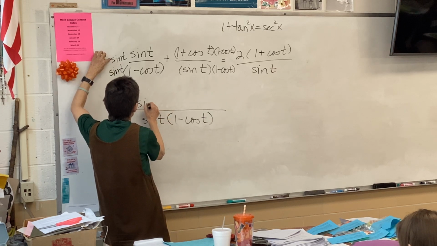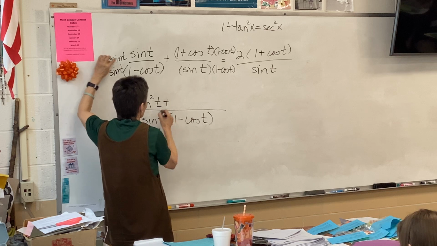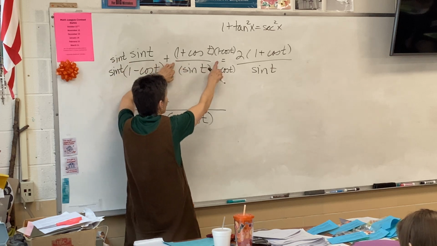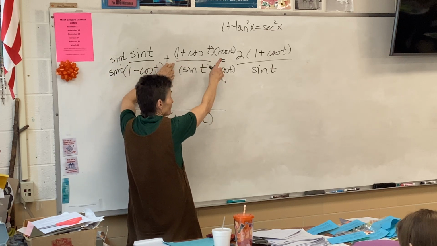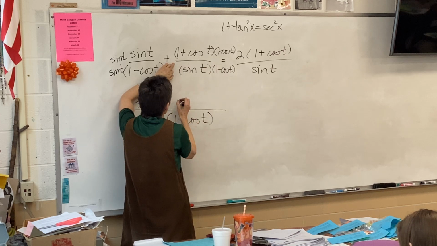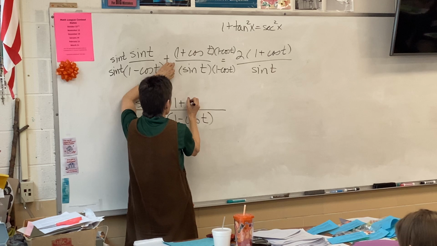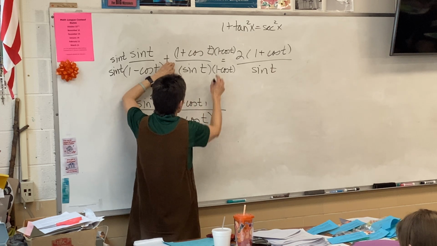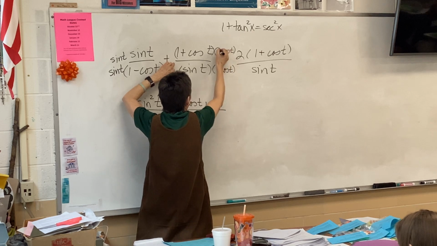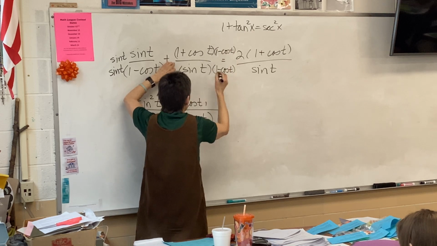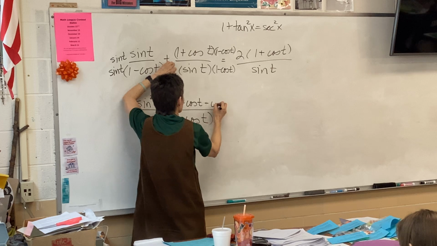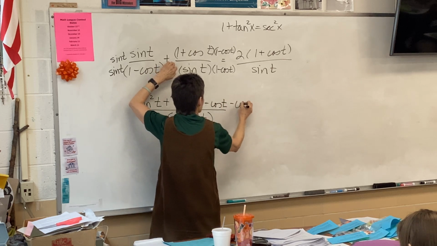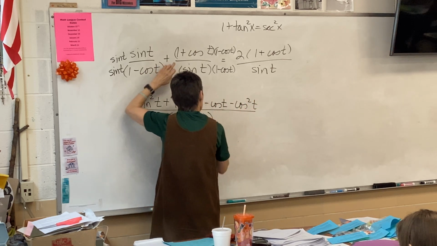All right, so what have I got up here? I have sine squared plus, now this is a FOIL, right? So that's going to be plus 1 plus cosine. No, that's a minus right there, isn't it? Okay. So it's going to be plus cosine minus cosine squared.